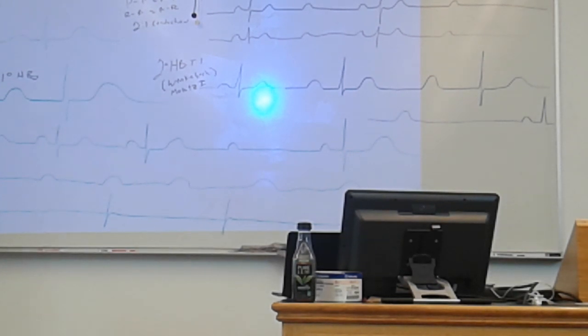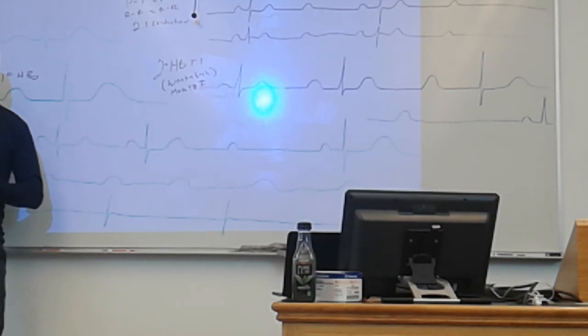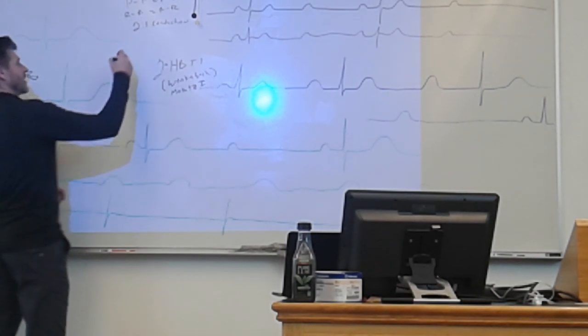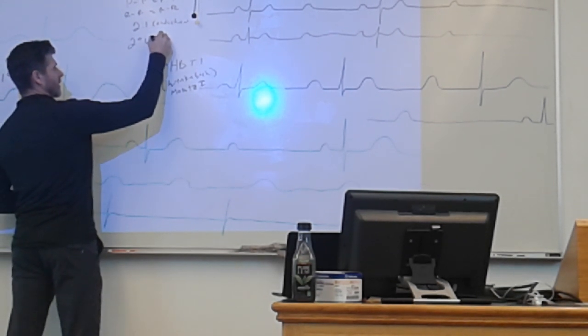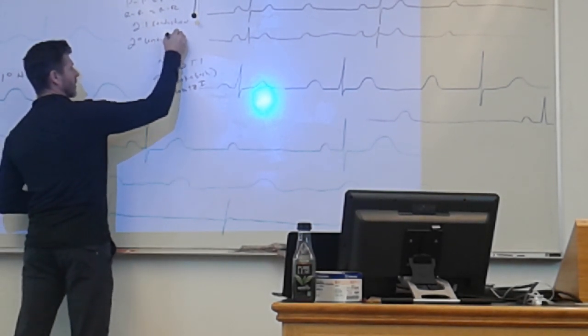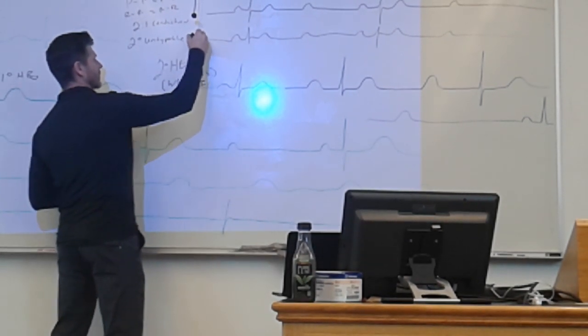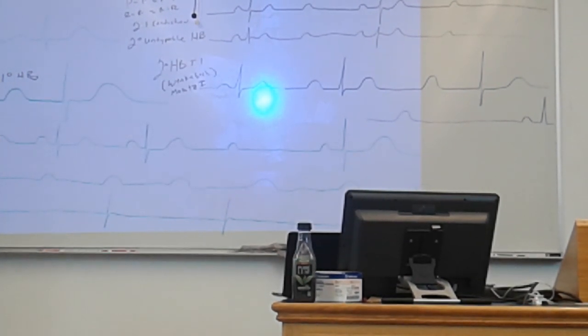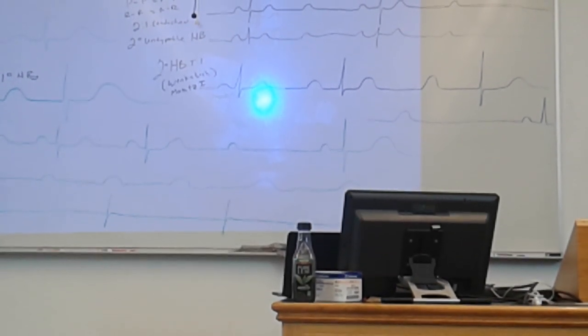Then I could have one of two rhythms, which you just drew, and they look the same. So what I have here is a second-degree untypable heart block. It's untypable, meaning I can't type it as type 1 or type 2 off of just the EKG itself.